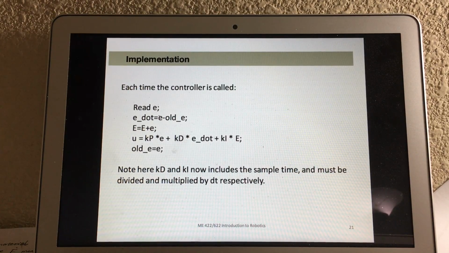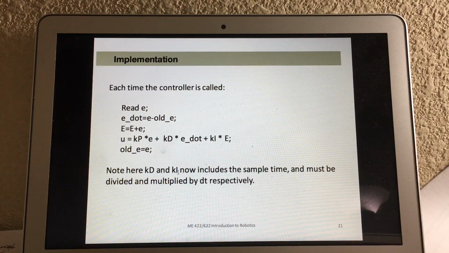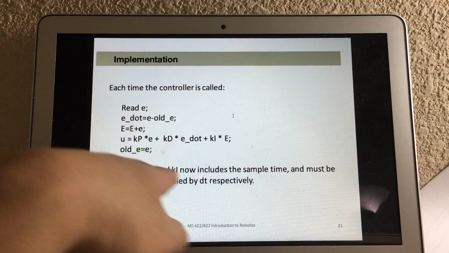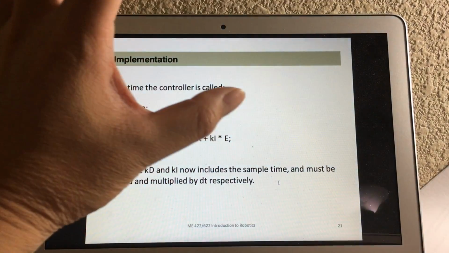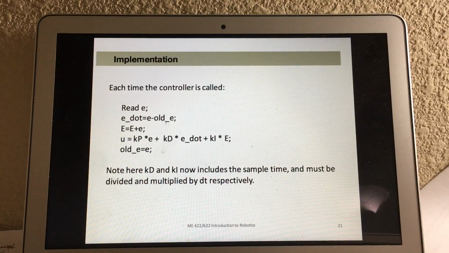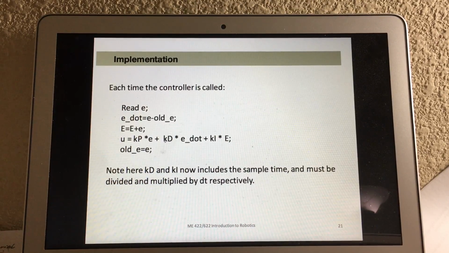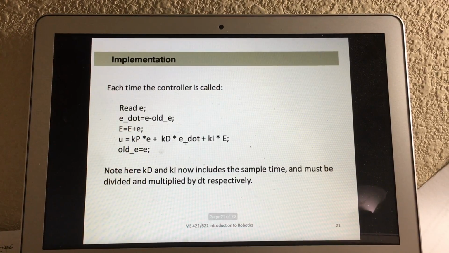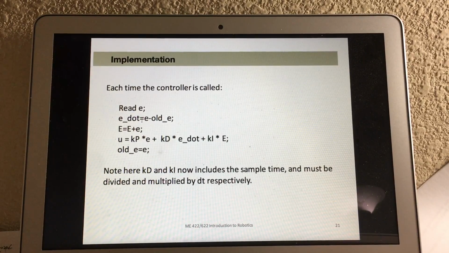That's the reason why, when I read this, e dot is supposed to be e minus e old divided by dt. We didn't see that literally here, and this comment makes everything complete, because 1 over dt or the small dt are constants, so you can combine them into Ki and Kd here. This is important, because if you just go through this, it looks weird.